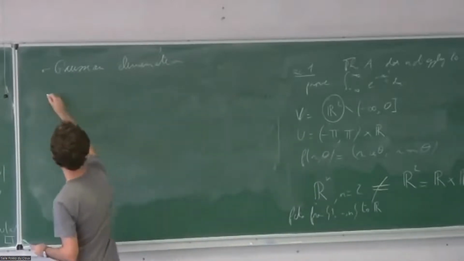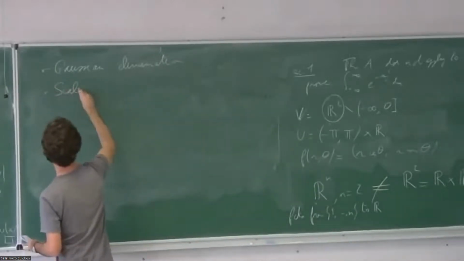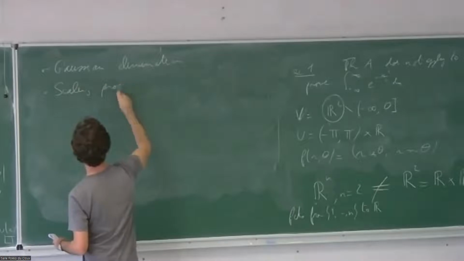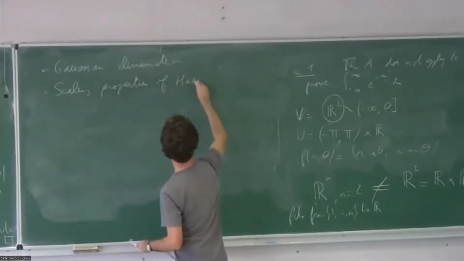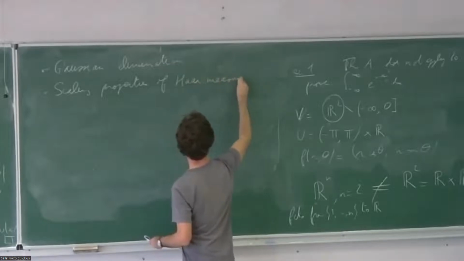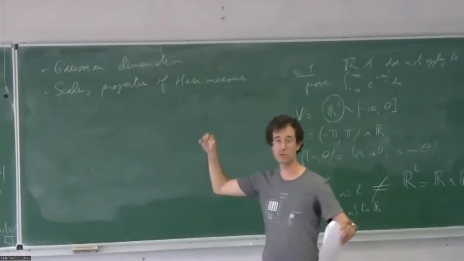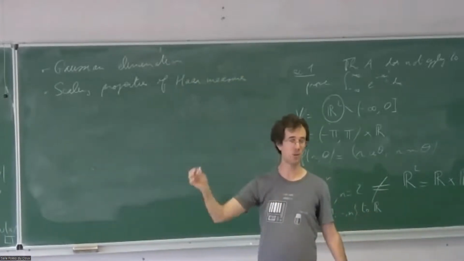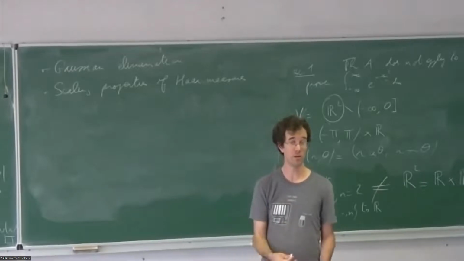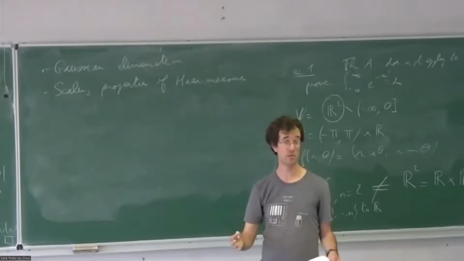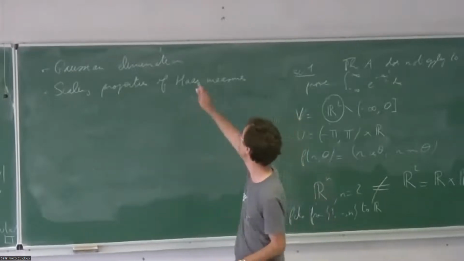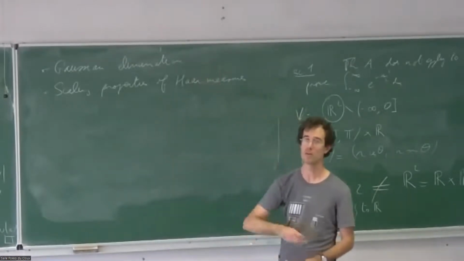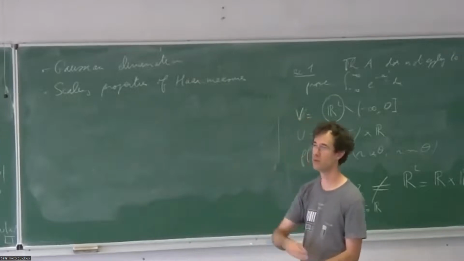So from that, you deduce the scaling properties of Haar measures. For instance, the fact that the measure of a ball of radius 2 is 2 to the power of the dimension times the measure of the ball of radius 1. Something that is not obvious just from the definition of Haar measure, and follows from the linear case.